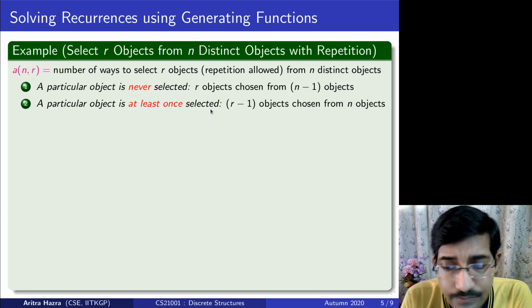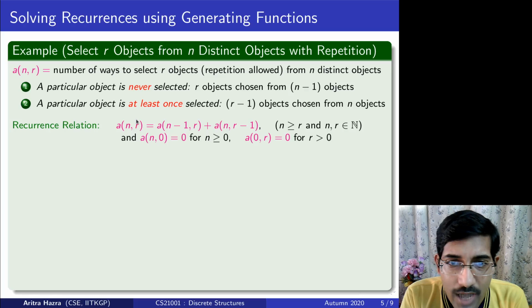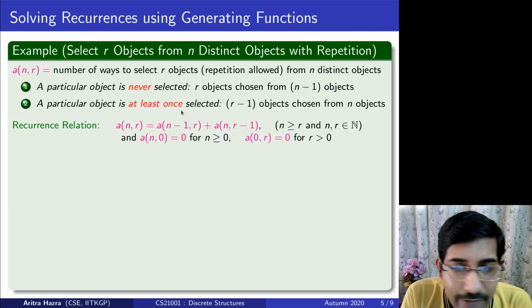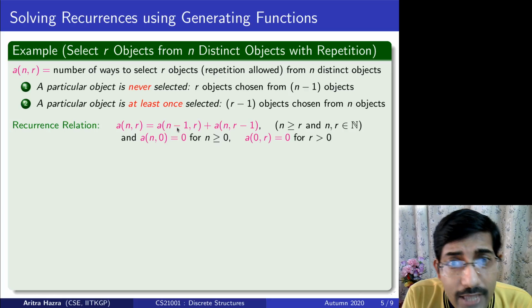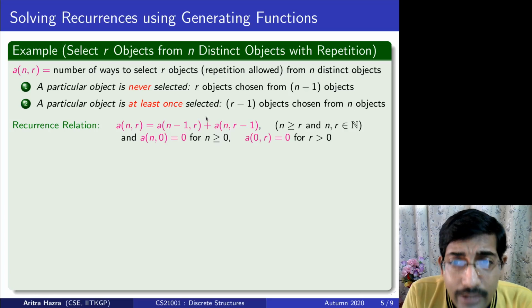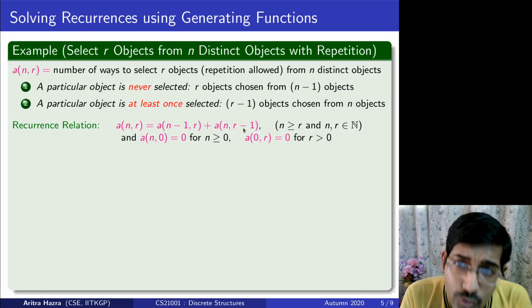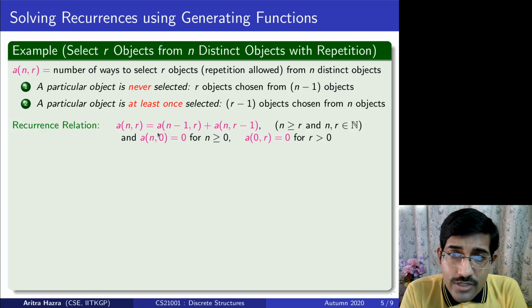So with this concept, the recurrence becomes: A(n, R), choosing R objects from n with repetition, is leaving out one object for sure and choosing R objects from the remaining n minus 1 objects, plus choosing that object at least one time and for the remaining objects again choosing from n. So this is my recurrence.